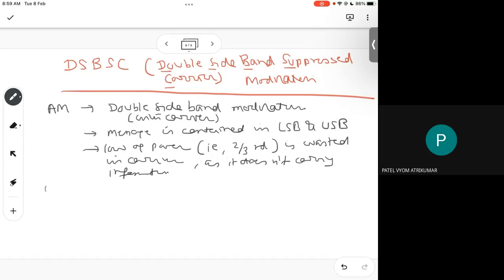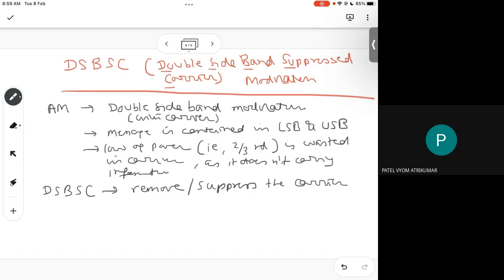So in the double sideband suppressed carrier, I won't say remove, I will use the word suppress the carrier, because if we remove it entirely, then what is the advantage of having the carrier? Suppressing basically means removal to a certain extent.